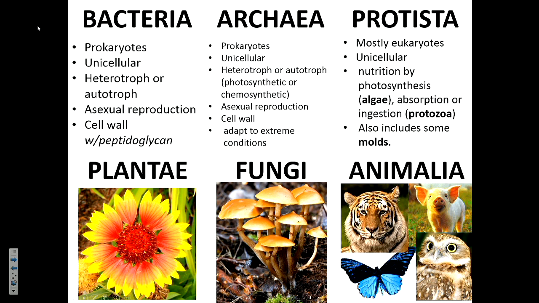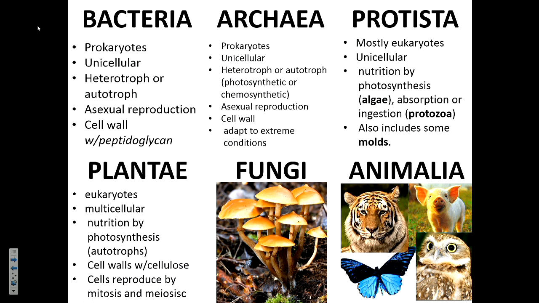Protists are mostly eukaryotes, so they fall in the eukaryotic domain. Bacteria fall in the bacteria domain. Archaea fall in the archaea domain. Protists are unicellular, though, and they get their nutrition a couple different ways that you can see there. Plants are also eukaryotes, multicellular.